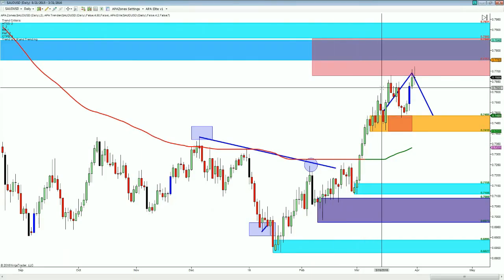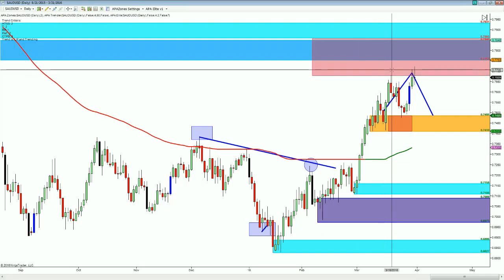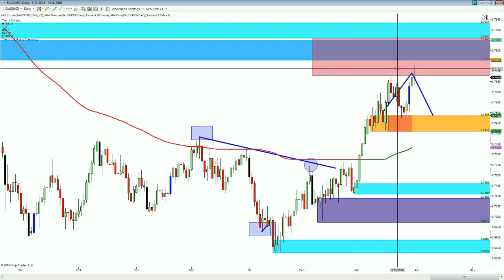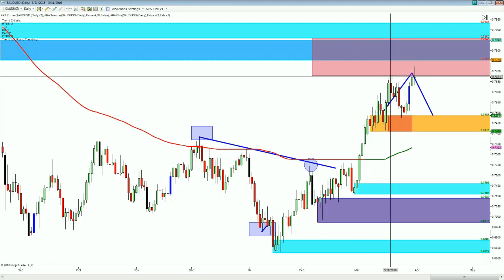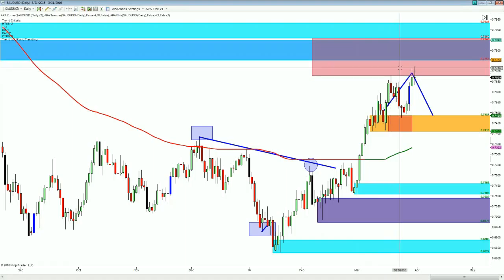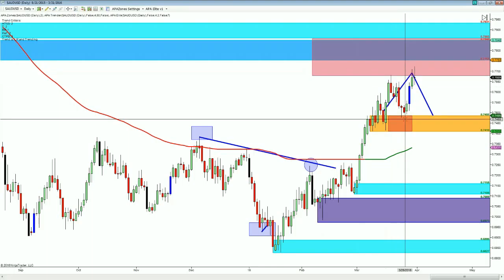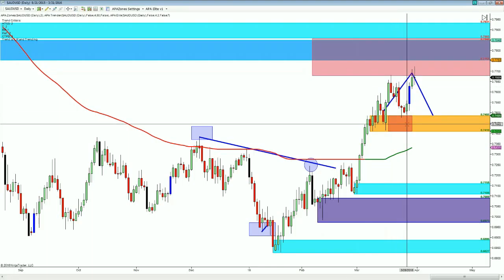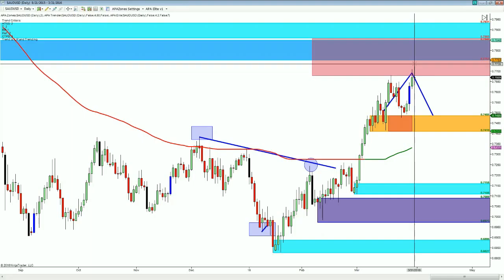I think Gabe has that supply zone highlighted here at the top on the weekly. We just got a bounce off of this daily level, and we're pushing up.